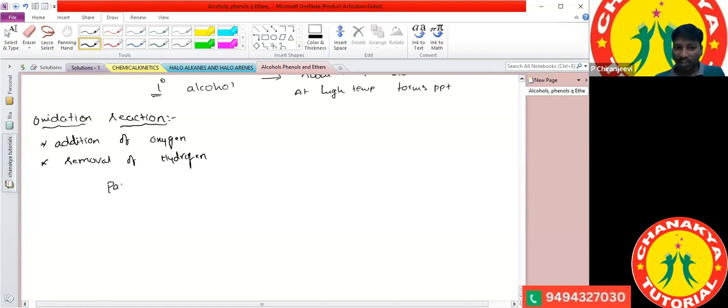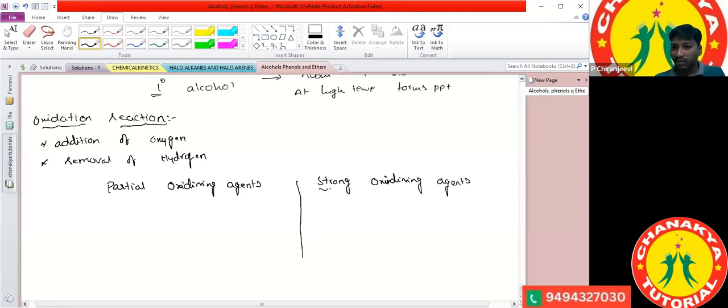One is partial oxidizing agents, and another one is strong oxidizing agents.